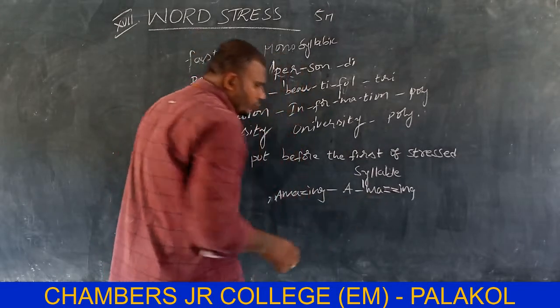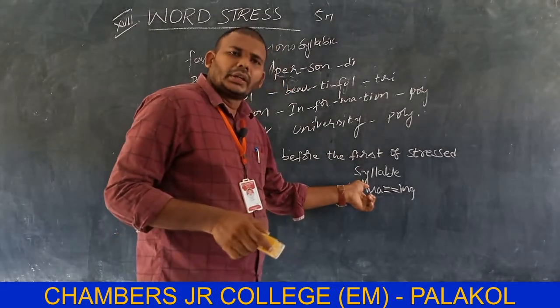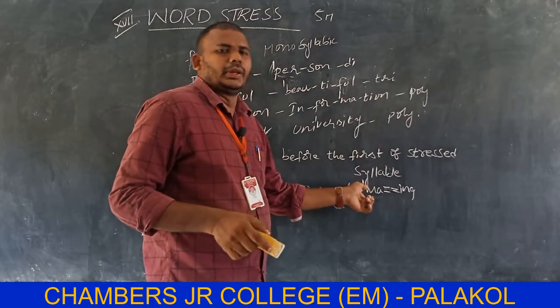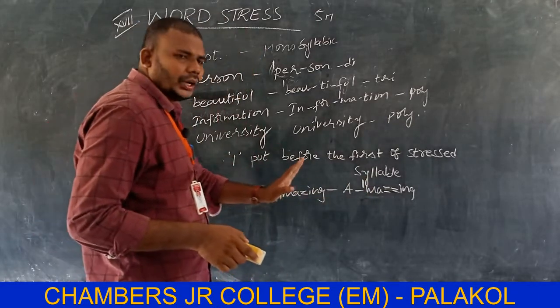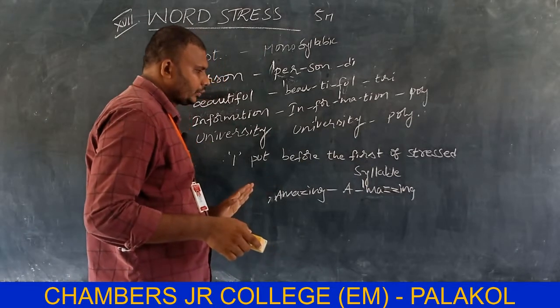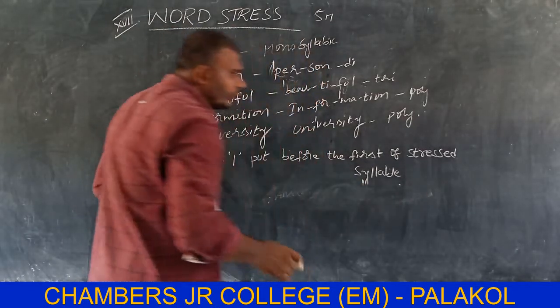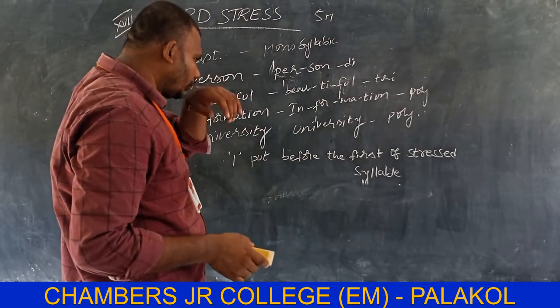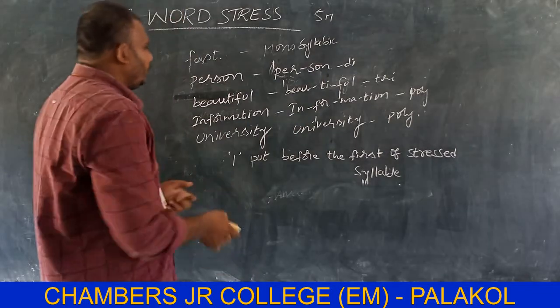We just draw a vertical bar on that particular letter, on that particular syllable. Exactly. So please see clearly and remember it clearly. Got it? So this is the way we can understand. So let's know the rules regarding stress.